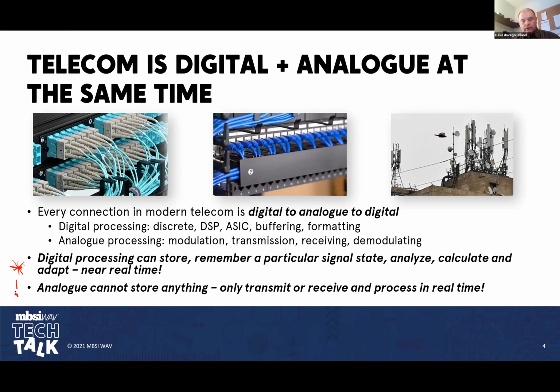Analog only transmits or receives, and it processes in real time. So we have these 2 conundrums where we've got the digital world that's connected to our analog world, and we have this junction that occurs many times within a telecom signal chain, as we'll see in a minute.